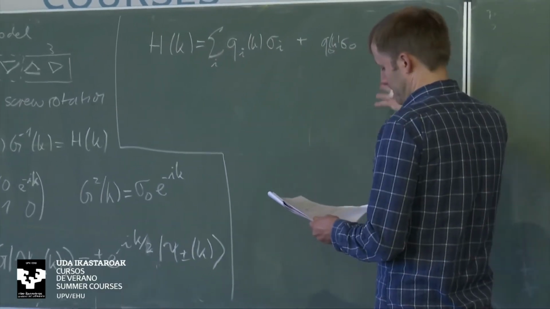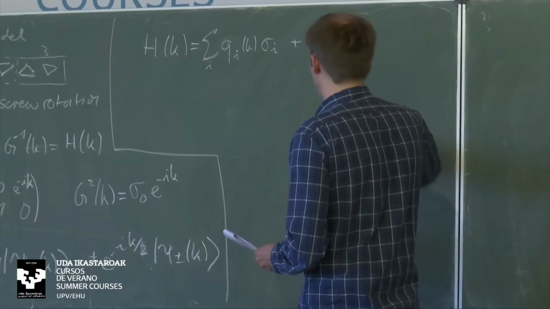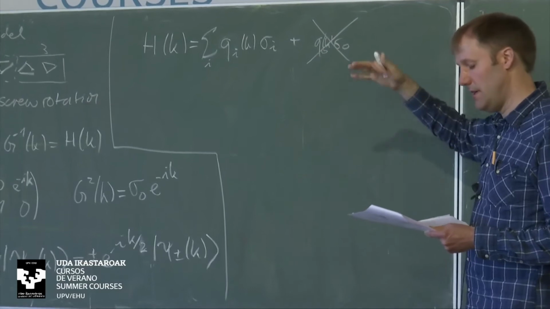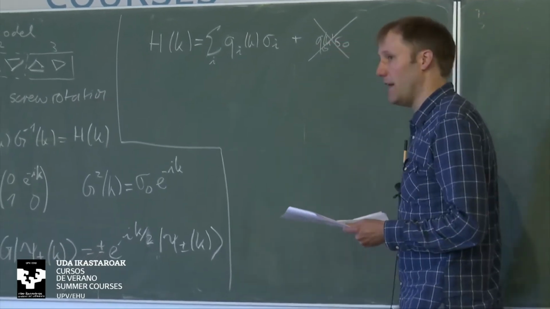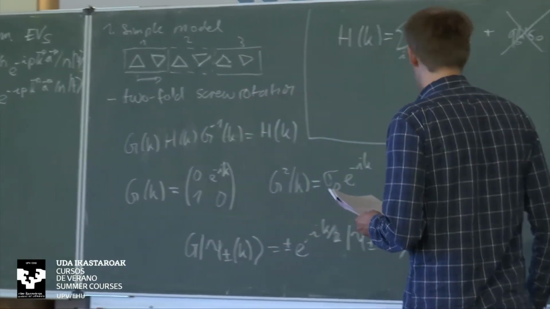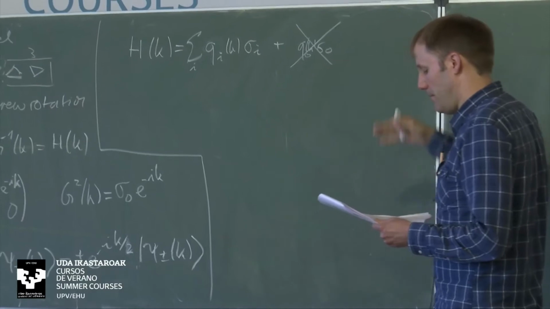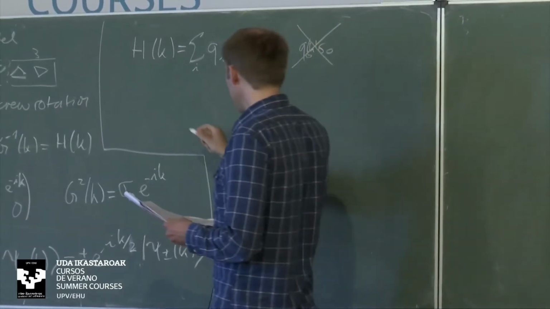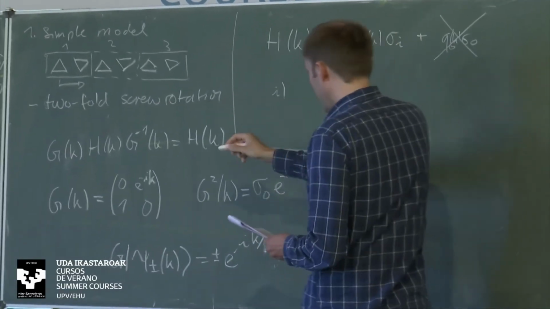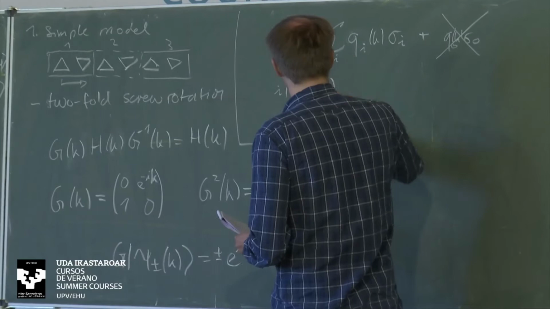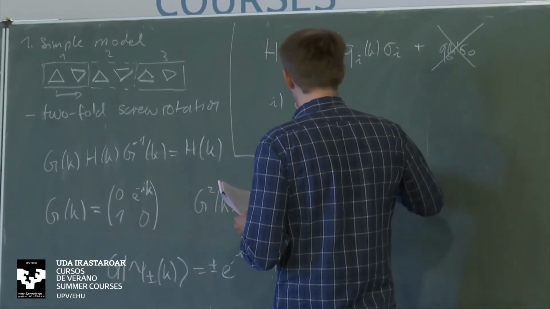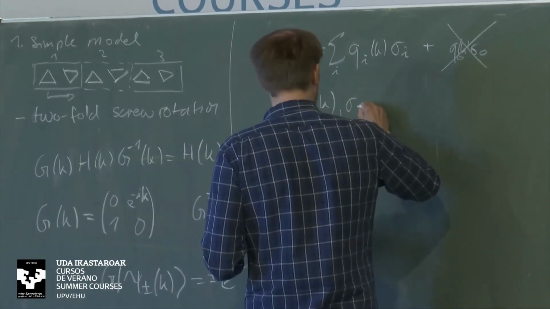And so the first insight we have is basically I can neglect this term here because this is just a constant. It's just a momentum-dependent energy shift, but this will not change the type of band crossings, because this energy shift applies equally to both bands. And the second observation we can make is that this G operator, this non-symmorphic operator, does not commute with sigma 3.